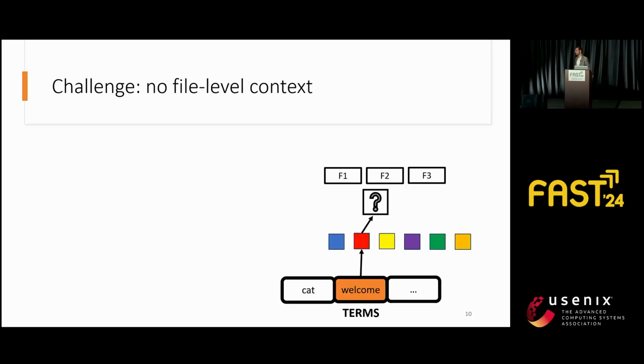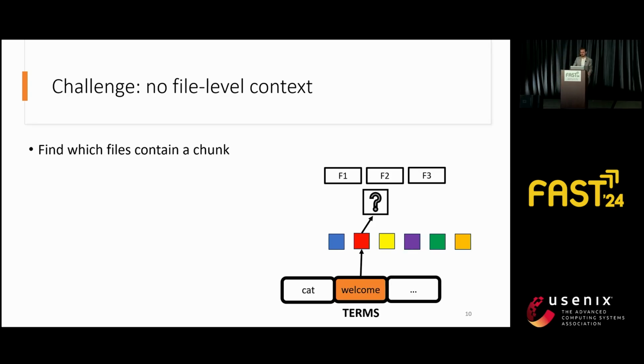Another problem is that what we proposed indexes the chunks, not the files. So if someone searches our index and receives which chunks contain the term, then we did nothing, right? Because it's not a result. Nobody cares in which chunk the term appears. So we need to find which files contain a chunk when we index the chunk.